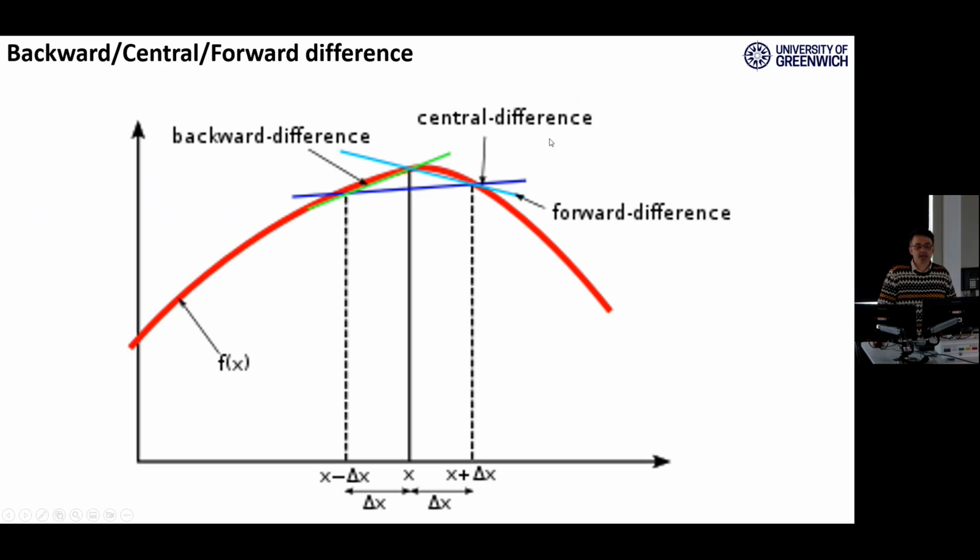But we can define a new concept which is called central difference, somehow averaging between these two. For example, if you average the angle of this line and angle of this line, you will come up with this blue one, which is more or less more realistic.